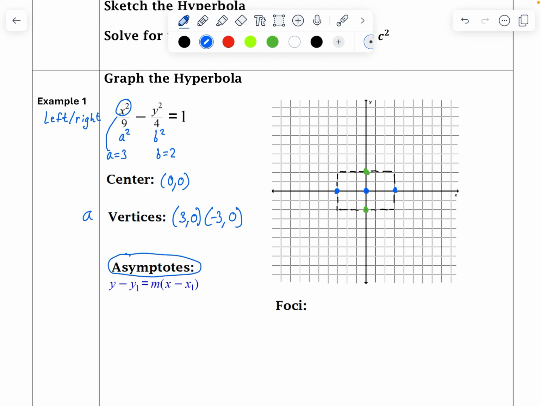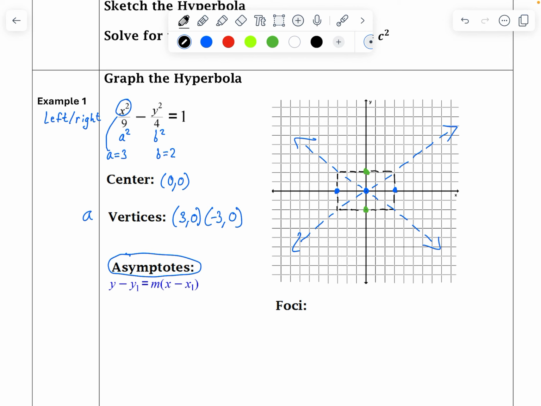So I'm going to put some dashed lines going through the diagonals of the box. This is going to help give us shape and form to our hyperbola so we know how wide or narrow our graph is actually going to look. So you have to imagine that our hyperbola is restricted inside of these lines.